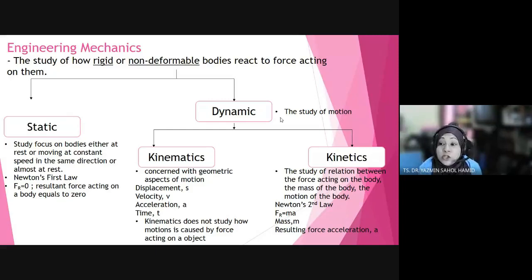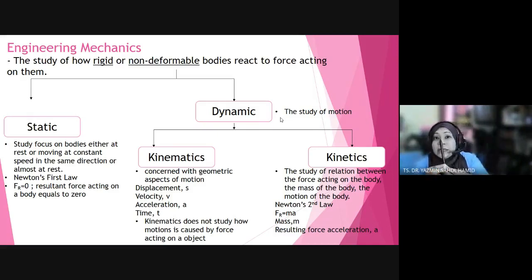Kinematics is concerned with the geometric aspect of the motion. For example, what is the displacement? First it is at this position, and then all of a sudden it is at another position. The change in position means the displacement. What is the velocity of this pen, what is the acceleration of this pen, and what is the time taken for it to move from one position to another position?